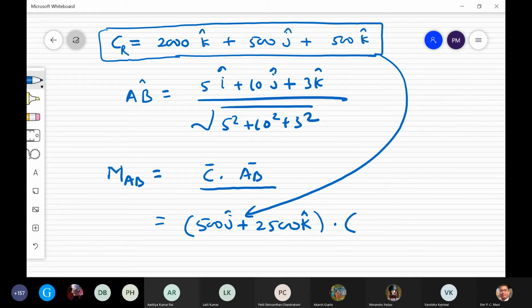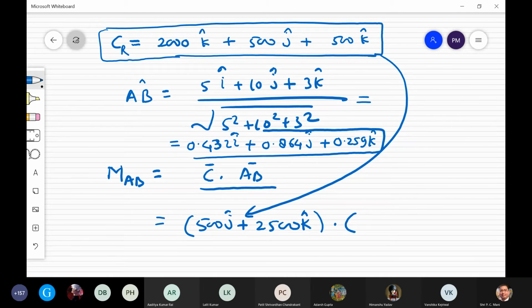If we solve this, it comes out as, we write it here: 0.432 I plus 0.864 J plus 0.259 K. Okay.